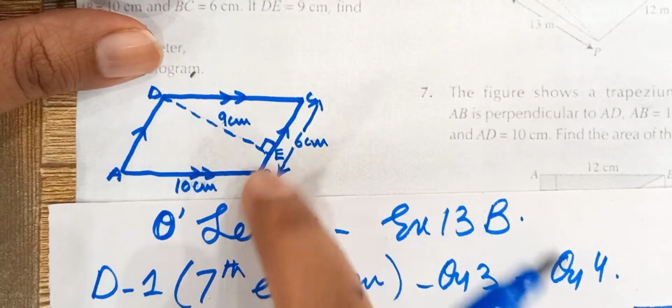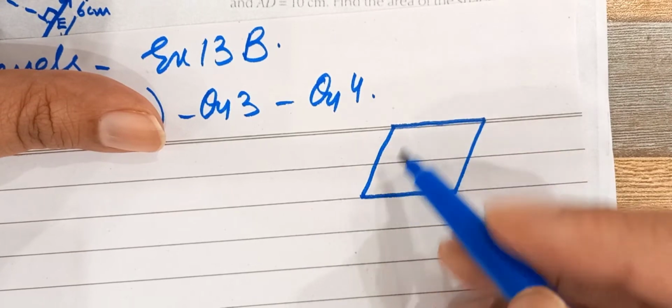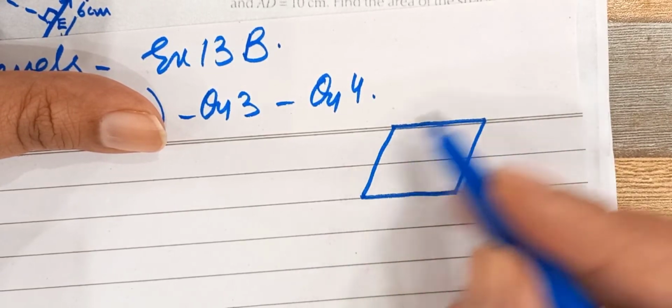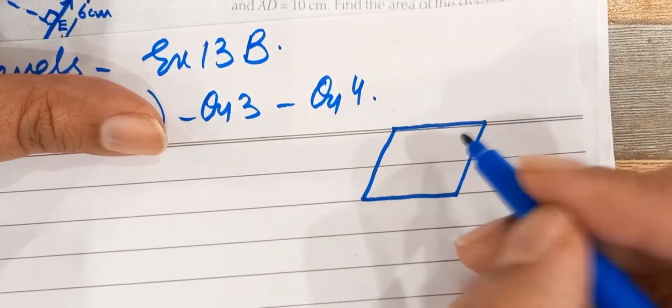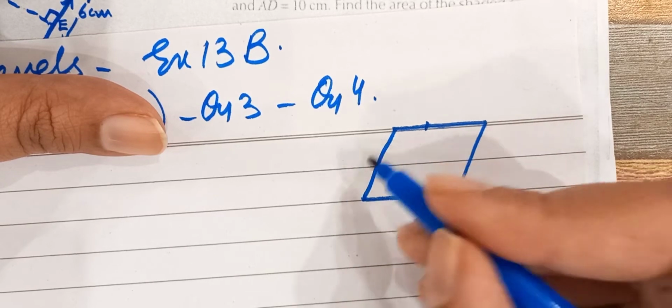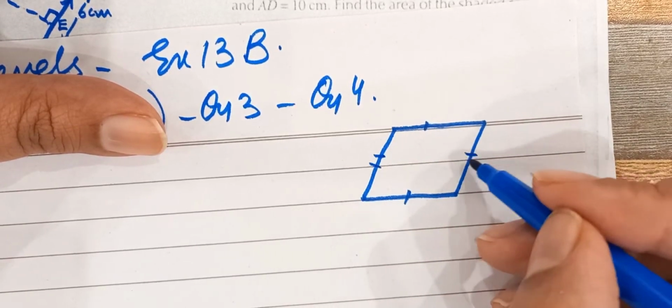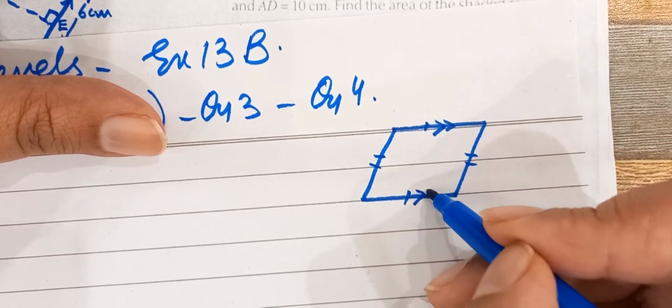This is a parallelogram. I have already told you earlier that a parallelogram is a tilted kind of a rectangle, because these two lines are equal to each other, and these two lines are equal to each other, and these lines are also parallel to each other.